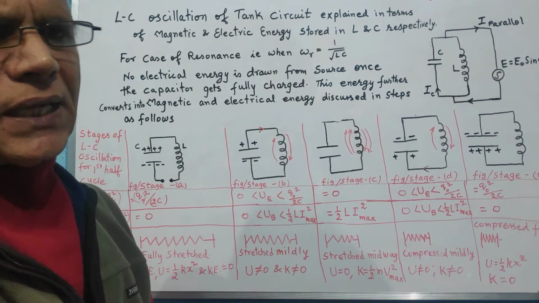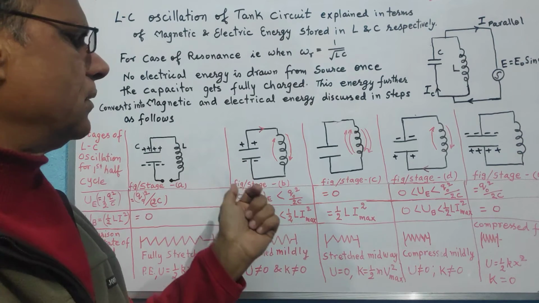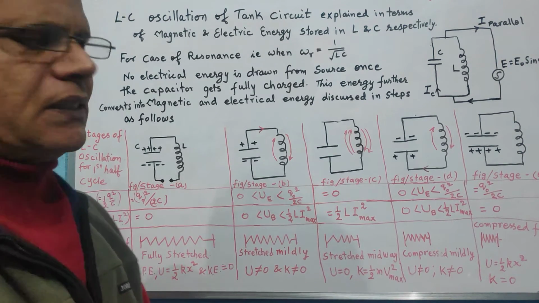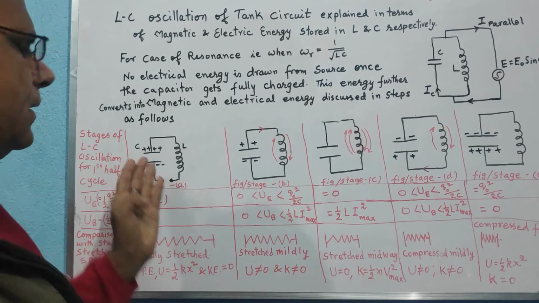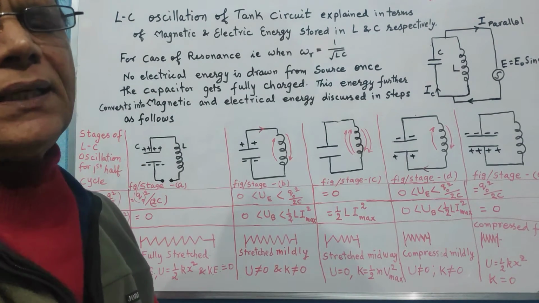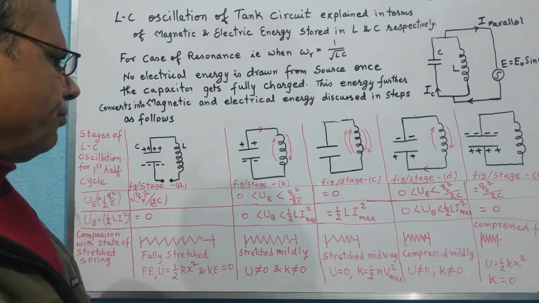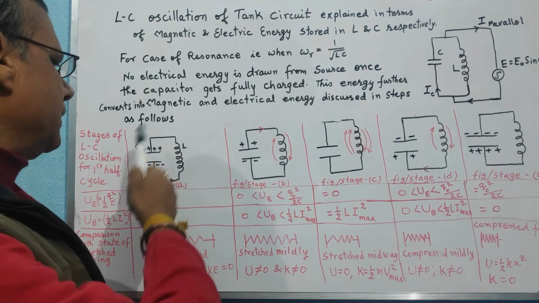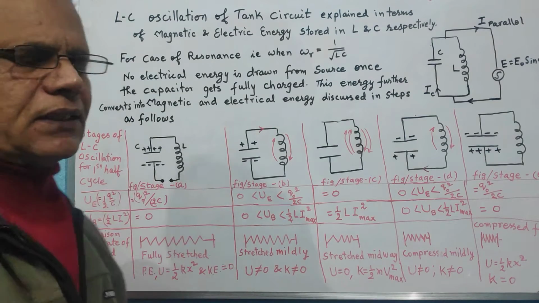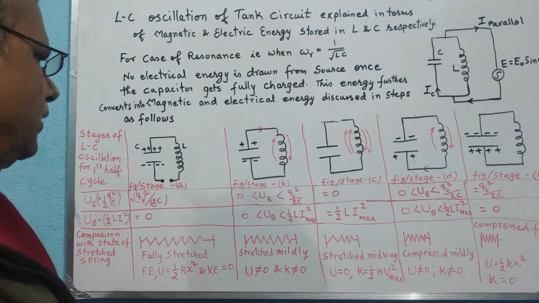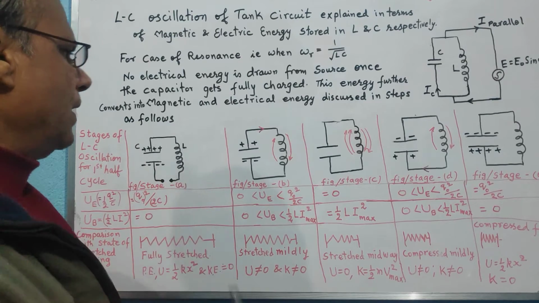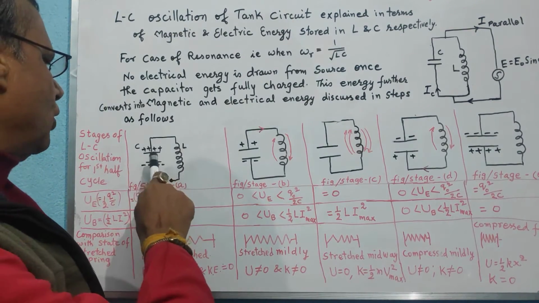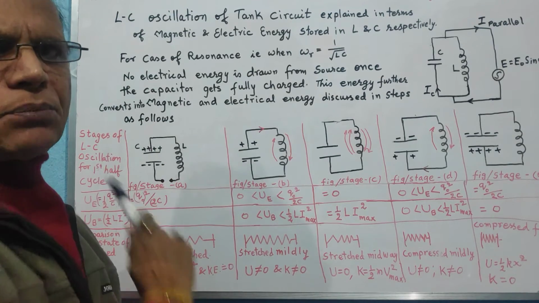But once it gets charged, even if we disconnect it from the outer source, the electrical energy the capacitor has acquired starts discharging. The capacitor discharges through the inductance coil, and as a consequence the inductance coil gains some magnetic energy at the cost of electrical energy lost by the capacitor.